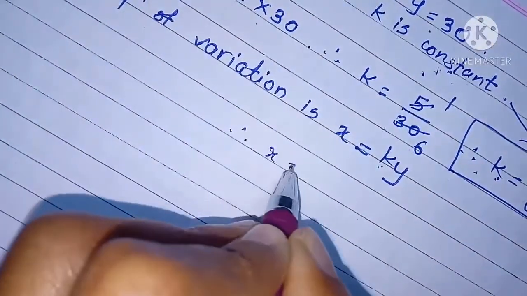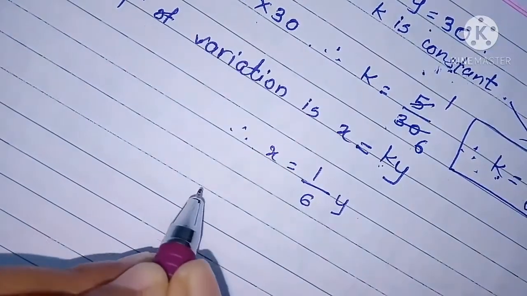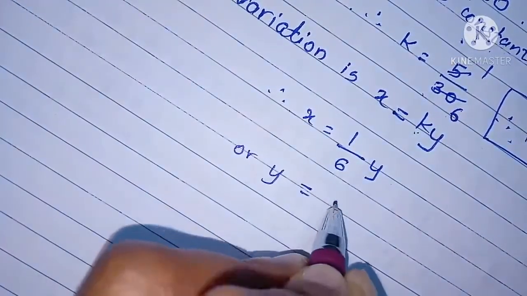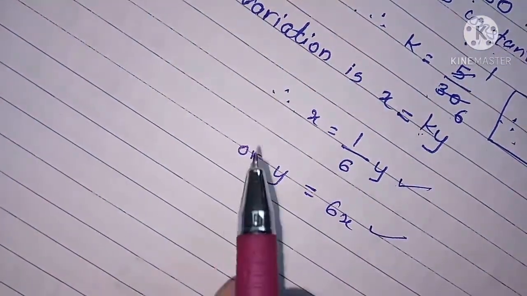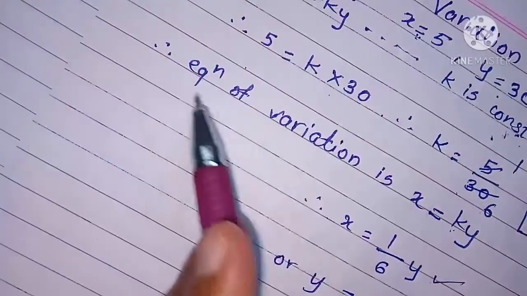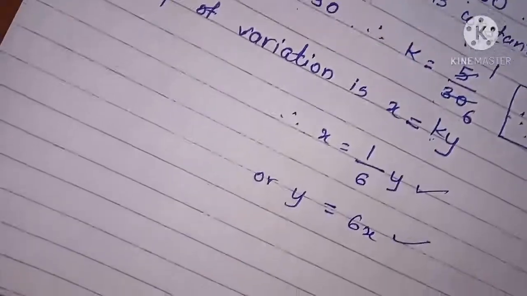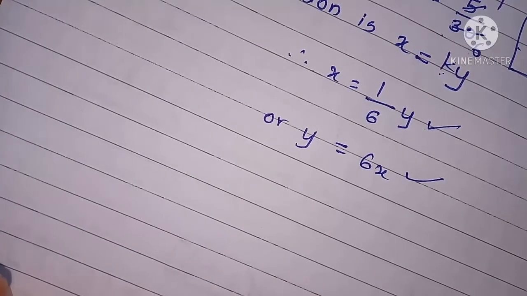Therefore x is equal to 1 upon 6 y, or y is equal to 6x. These are the equations of variation. This is the first solved example.